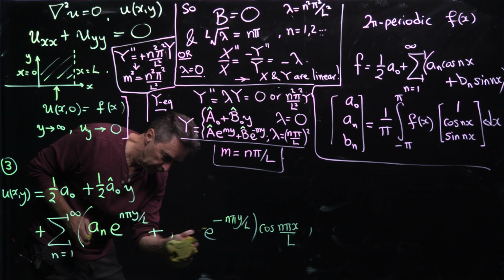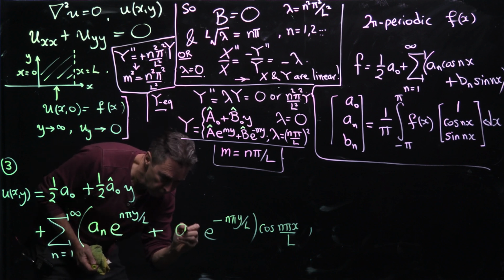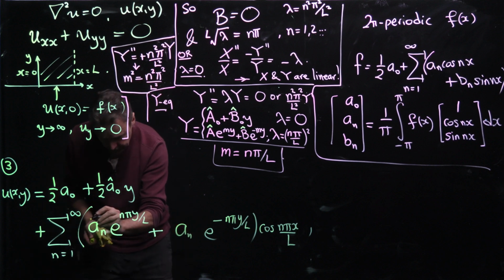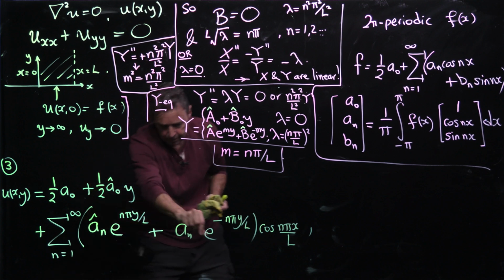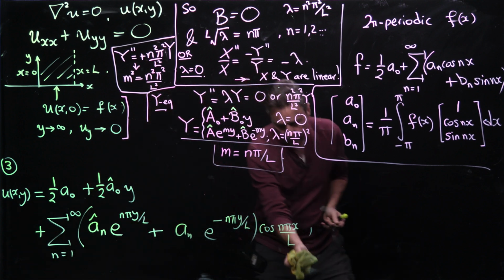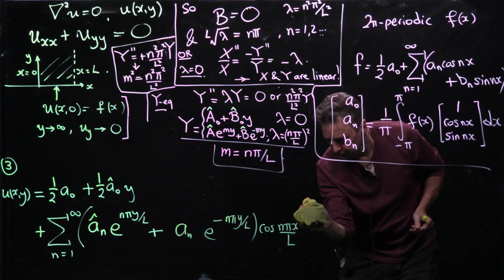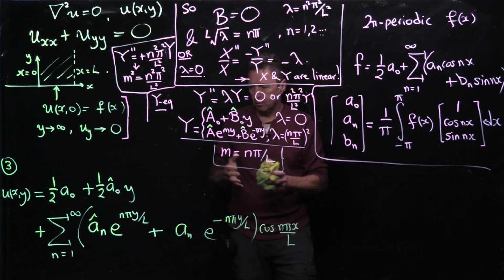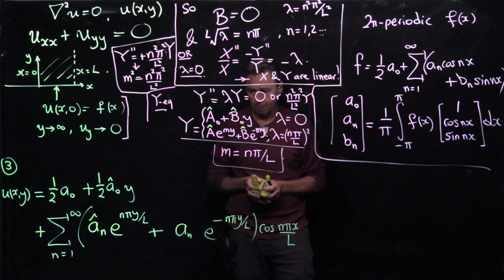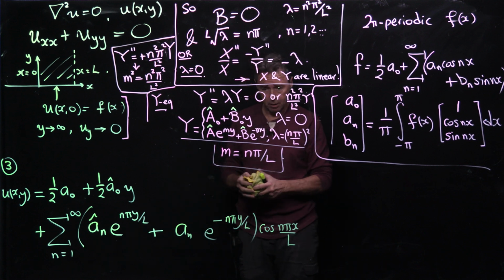Let's call that one a little an. They don't have to be the same though, so let's put a hat on that one. All right, so that's just changing the symbols and avoiding having paired combos of arbitrary constants. That's my general solution.